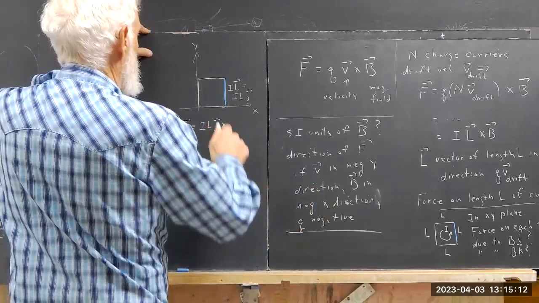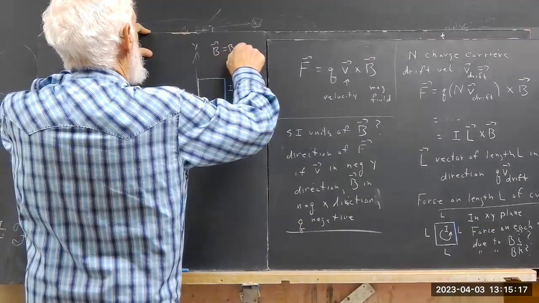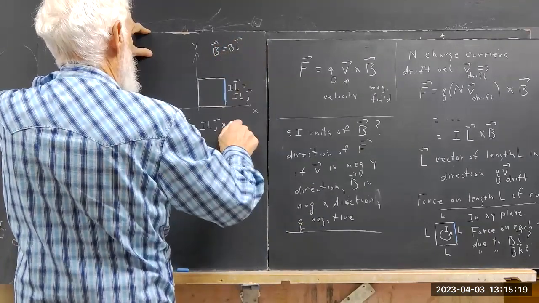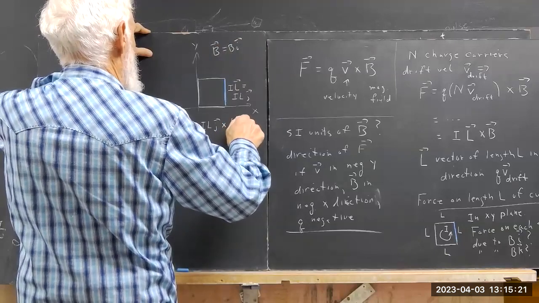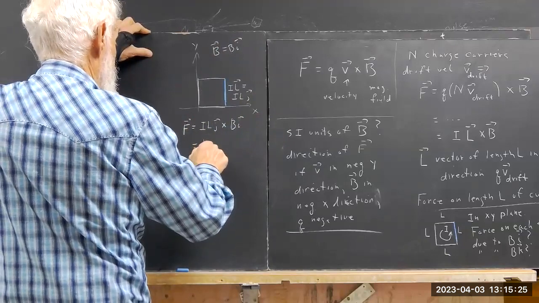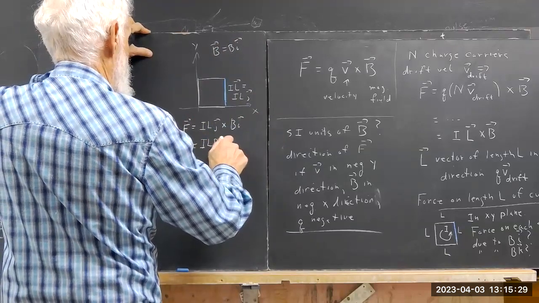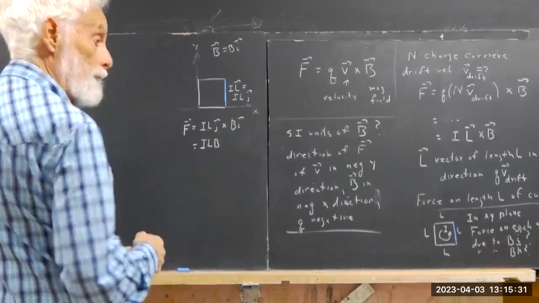Then we're going to use the B. Using those constants, we get ILB. And then J cross I.